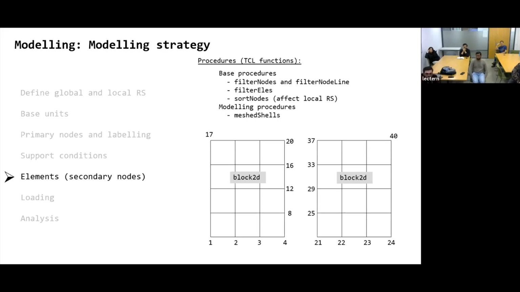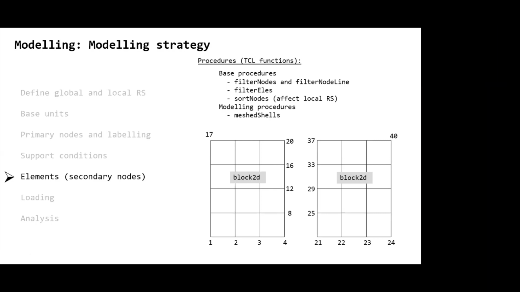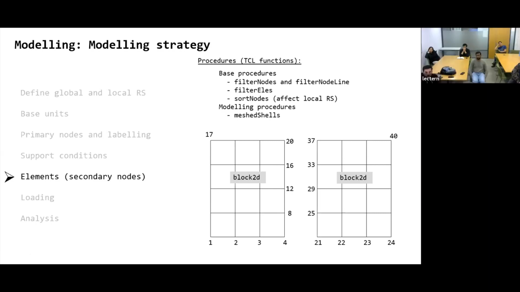So for example, I can say filter all of these kind of nodes, and OpenSees will go to the domain, grab the nodes that are in that specific zone, and return them to me. Then I will sort those nodes in the right order, as I mentioned at the beginning, for the local references of the elements.